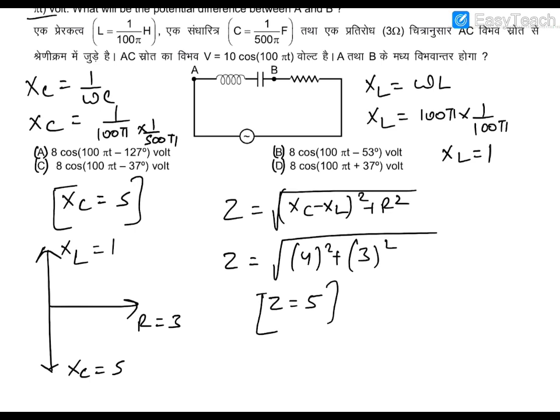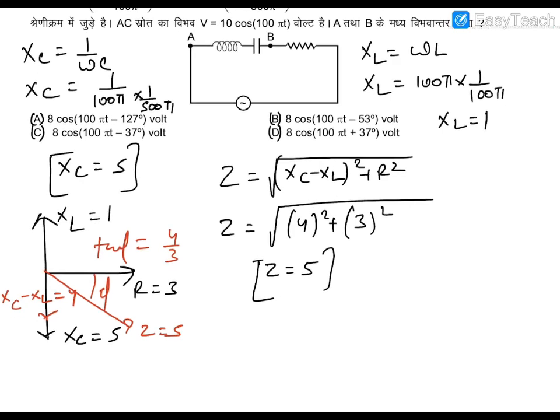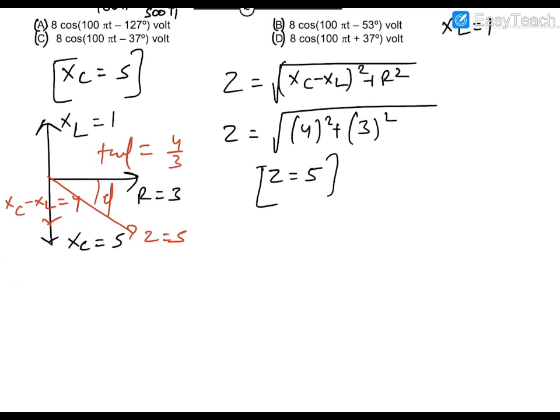So the resultant of XC and XL is XC minus XL, which is 4, and this is 3. So the net impedance Z is 5, and this angle is phi. So tan phi will be equal to XC minus XL upon R, so tan phi will be equal to 4 upon 3. So phi will be equal to 53 degree. Okay, this is the value of phi.